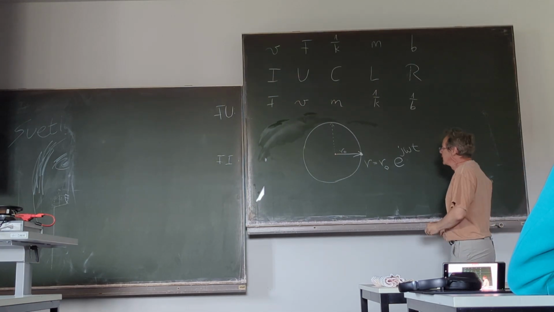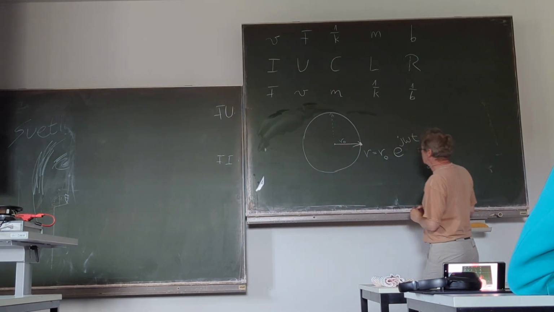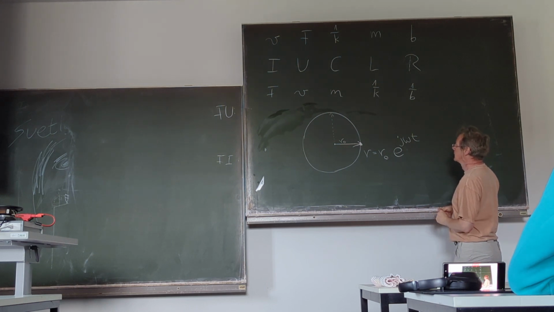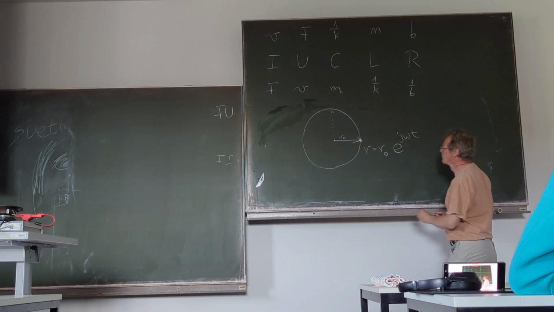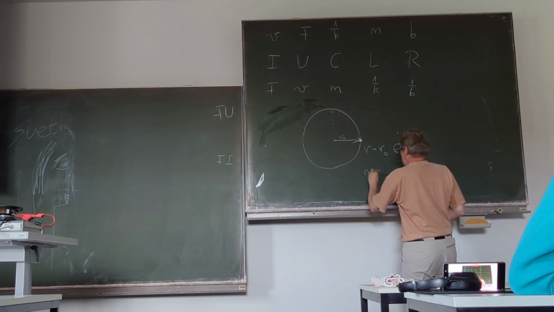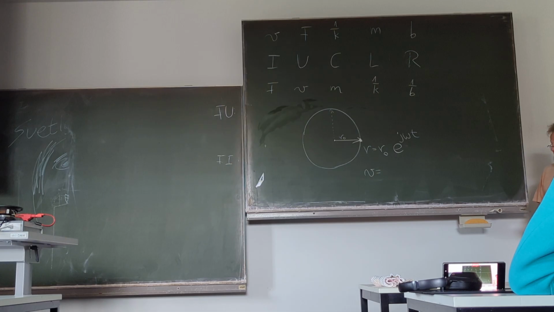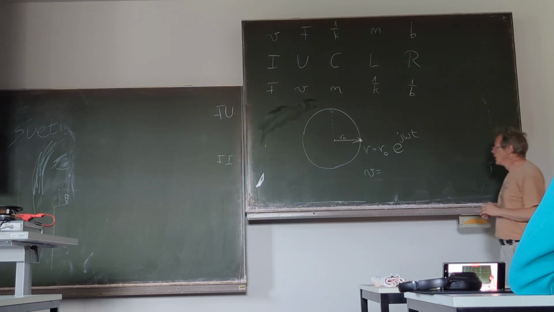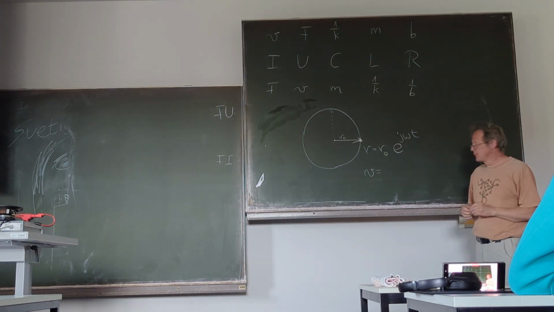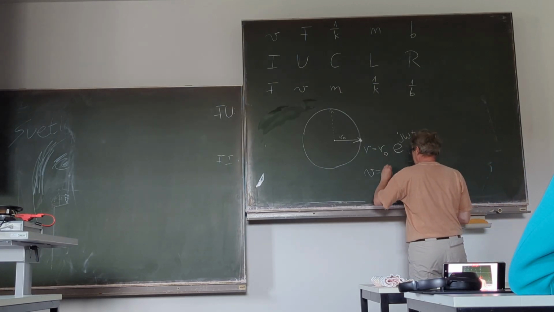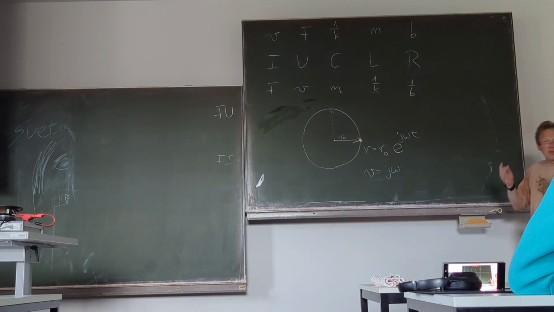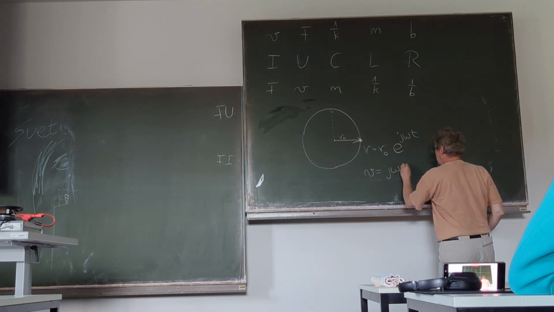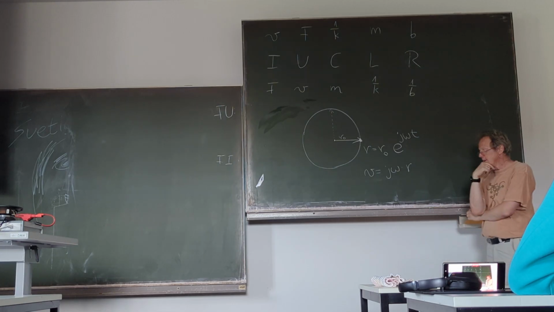And then we have a velocity, which is the derivative of r. The derivative of this is just multiplication with j omega, multiplied with the original r, so including the time dependence.